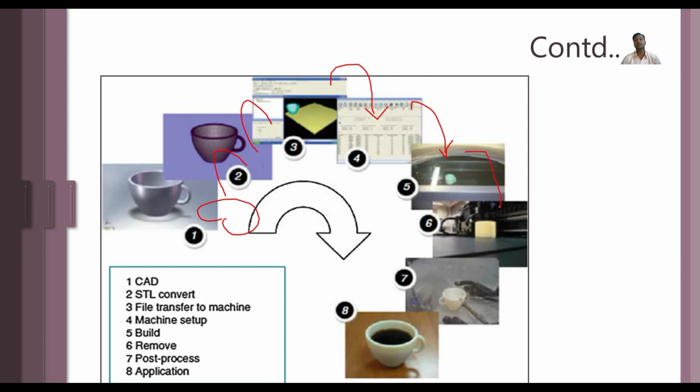Once it is built, we have to remove any supports that are there. Then later we can go for post processing, where the excess amount of material sticking to the surfaces, or any supports, can be easily removed.